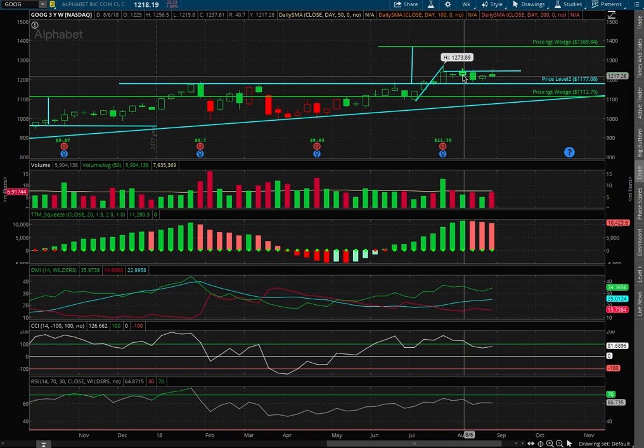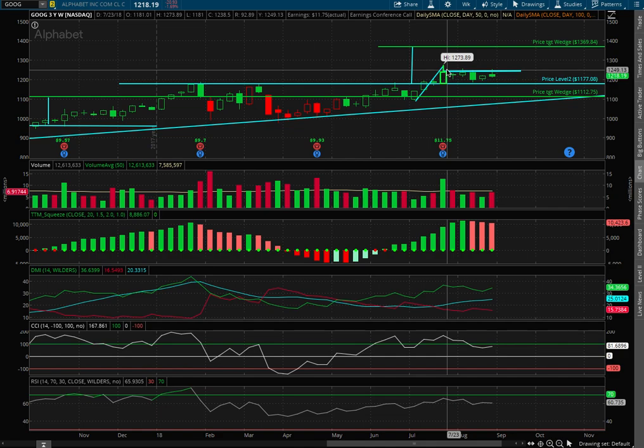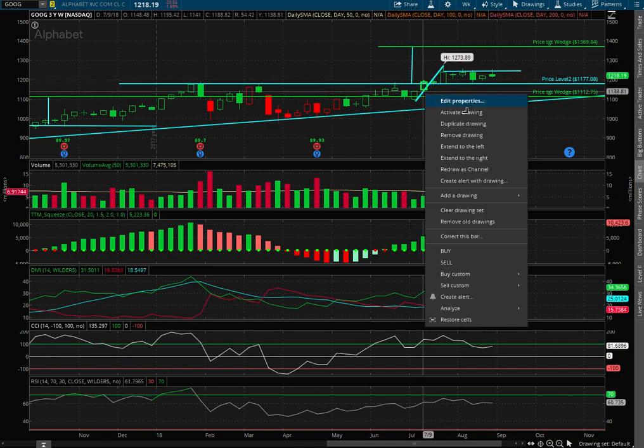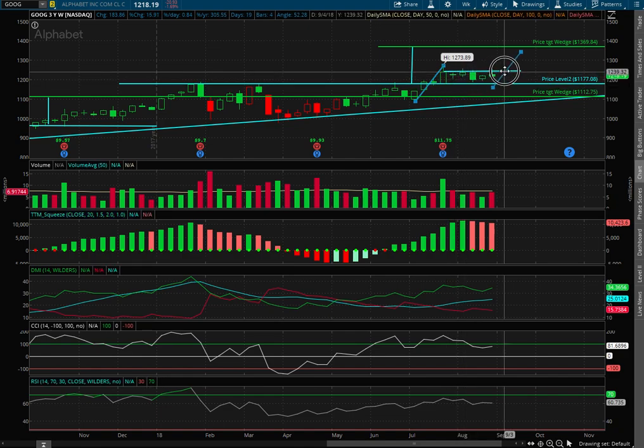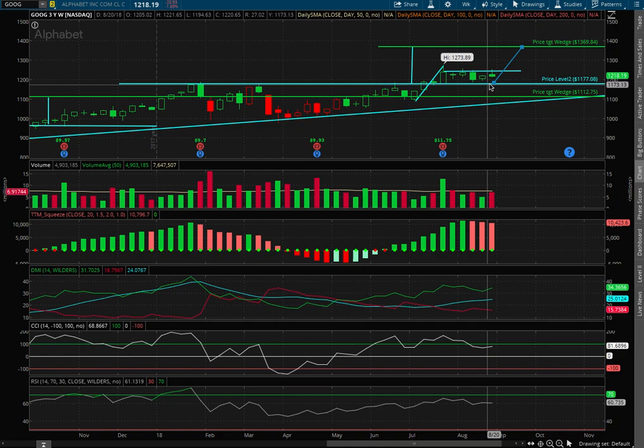And now how do we measure the bull flag? We measure the bull flag by taking the high to the low of the trend, right? We take the trend and we duplicate that trend, and we put it to our support.